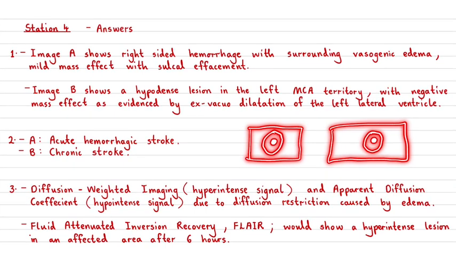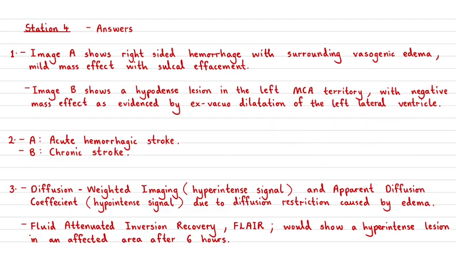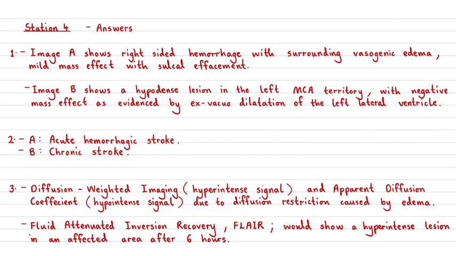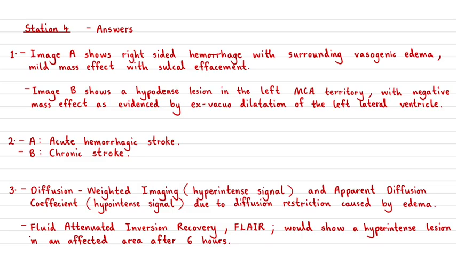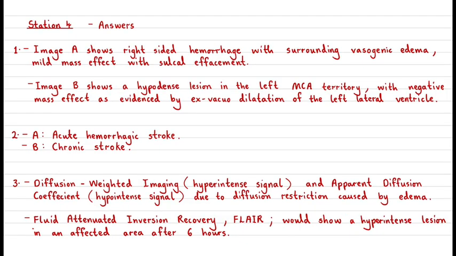That simply tells us that that is a stroke in there. And then you can also use FLAIR, which is fluid attenuated inversion recovery. This would show hyperintense signal in an affected area, but it would only do this if the stroke is more than 6 hours old.